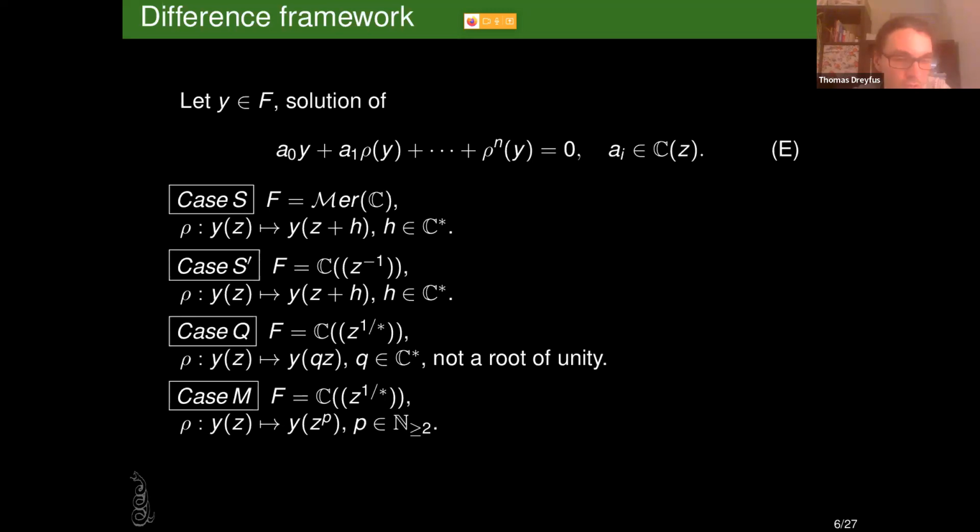So in the shift case, the fixed point is infinity. So a meromorphic function of C is just a meromorphic function outside the fixed point. In the Mahler case, the Puiseux series are in fact convergent in the unit disk. So you mean what happens if I replace F by a field of meromorphic functions somewhere?